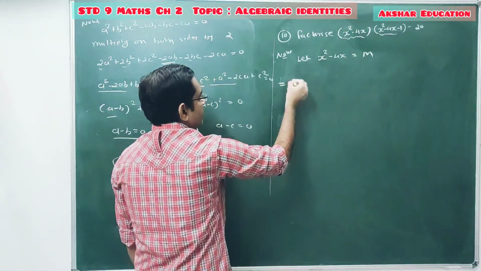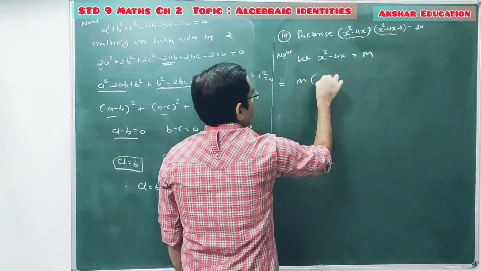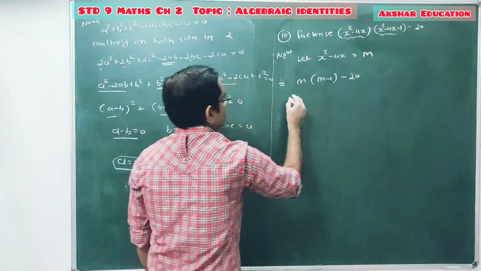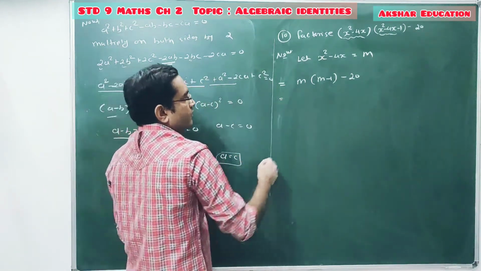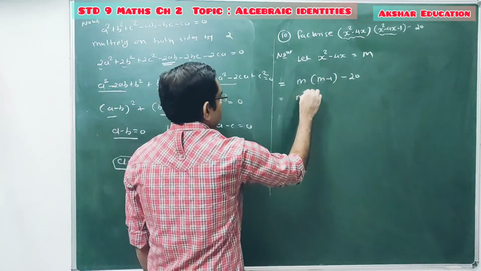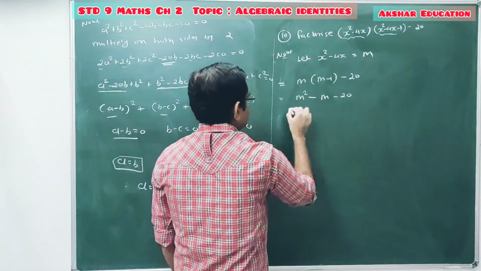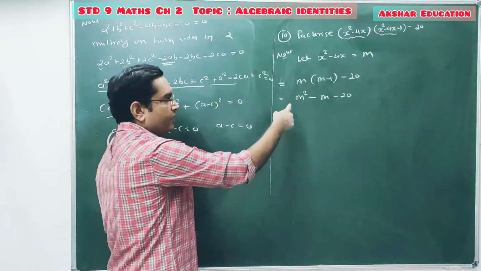Then write down this given question as m into m minus 1 minus 20. देखो, now it looks much easier. It's m square minus m minus 20. Much easier. Quadratic polynomial in terms of variable m.